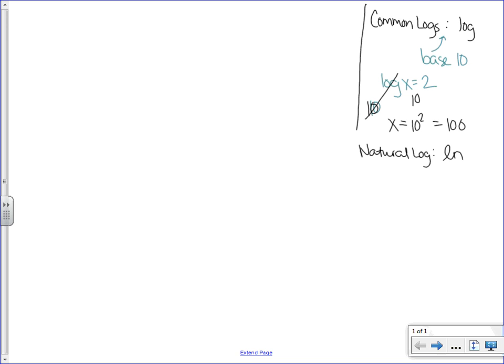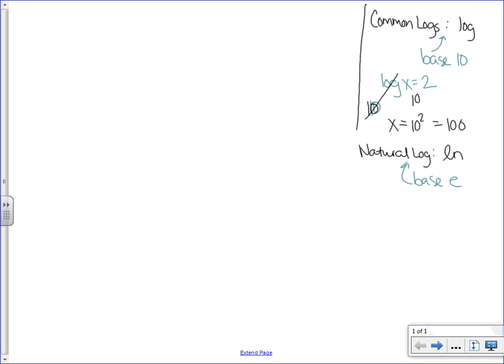So this natural log has a base of e, just like the common log had a base 10. Every logarithm has an exponent that goes along with it because they're inverses of each other. And just like the 10 would undo the common log, the e will undo the natural log.